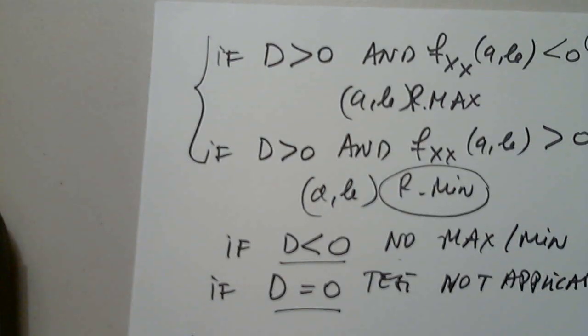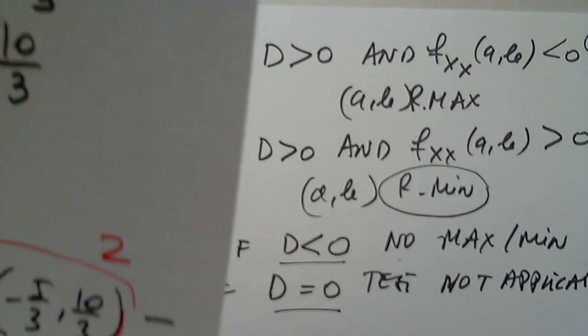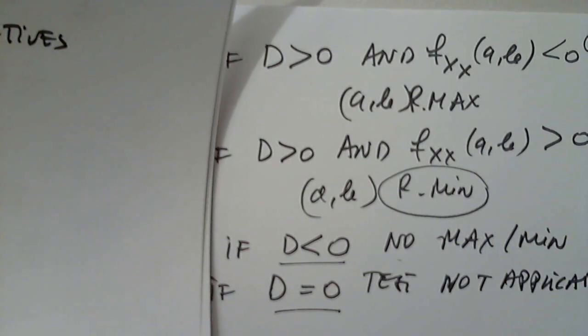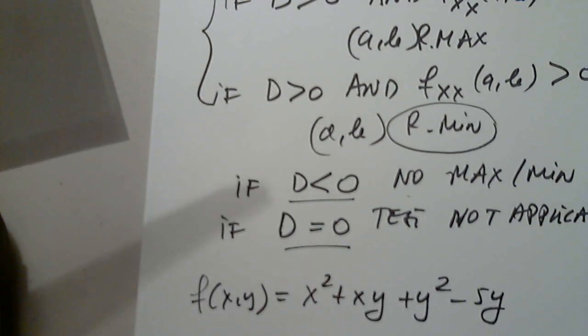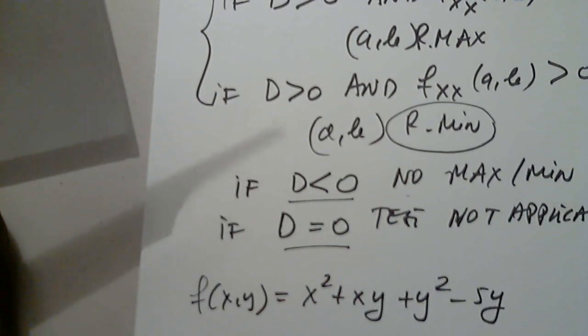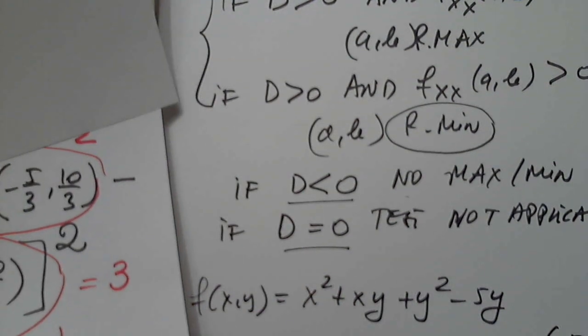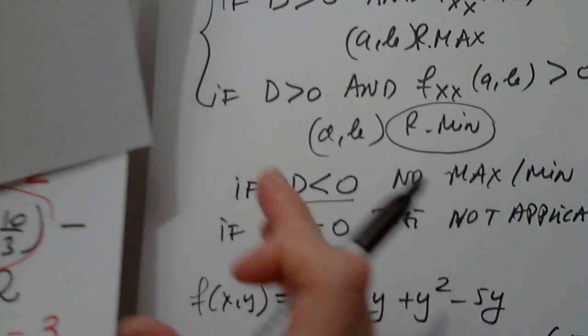So Fxy, which was x squared plus xy plus y squared minus 5y, has a relative minimum at negative 5/3, comma 10/3.